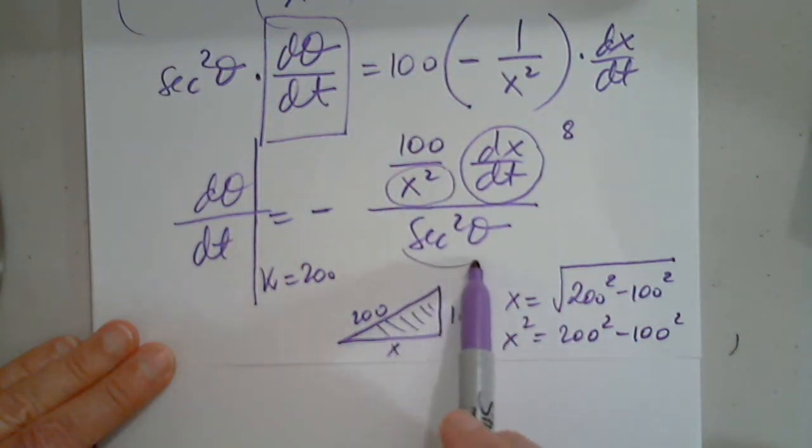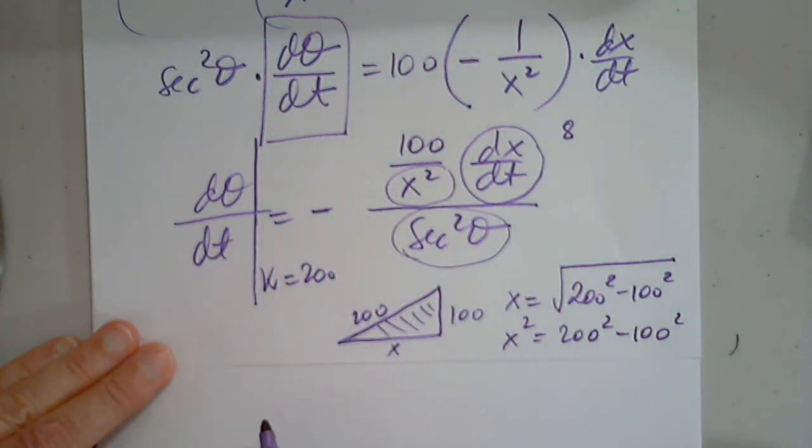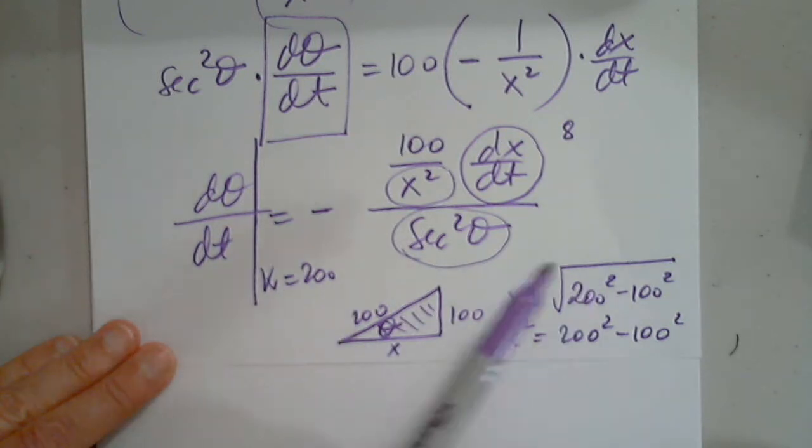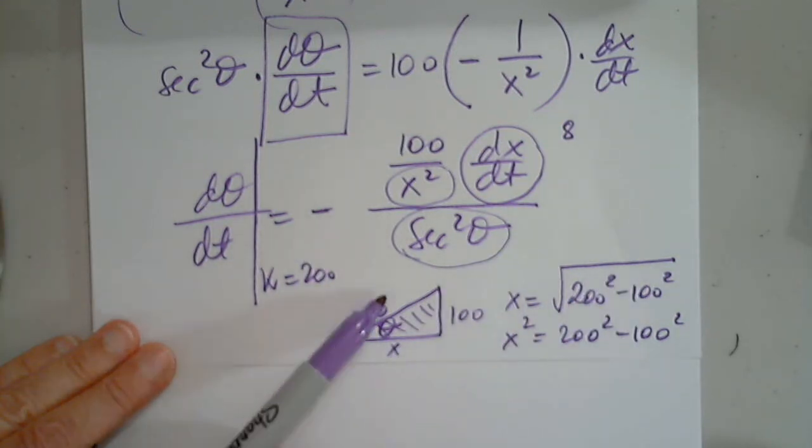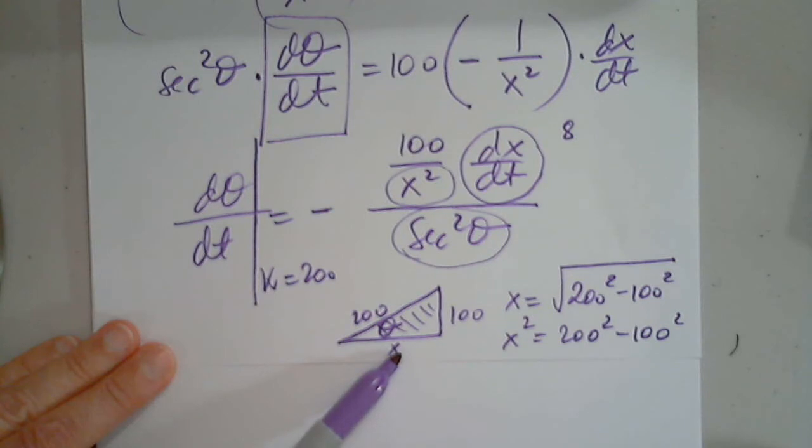But now I also have to determine the secant, and this is theta. So cosine theta is x divided by 200, and I have x. Or I can say secant, which is the multiplicative inverse of the cosine, is the hypotenuse divided by the leg, in this case squared. So I have to find x and then determine secant squared.